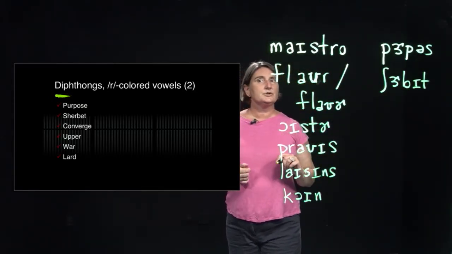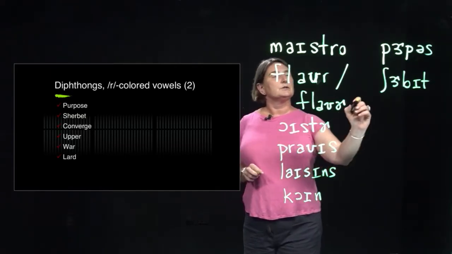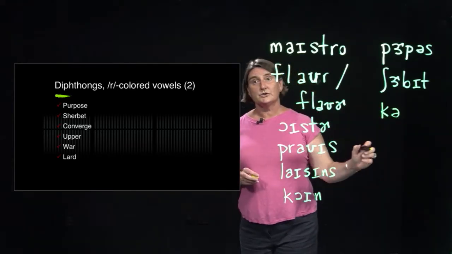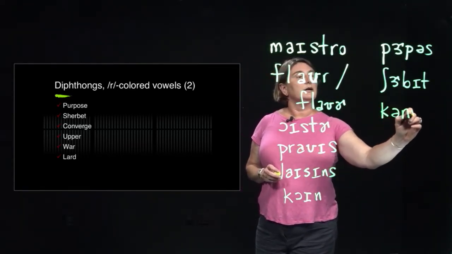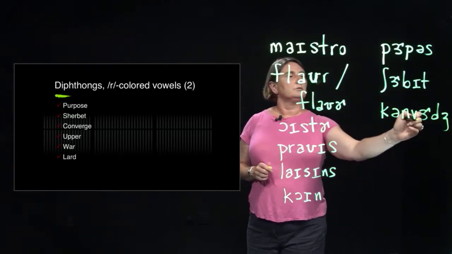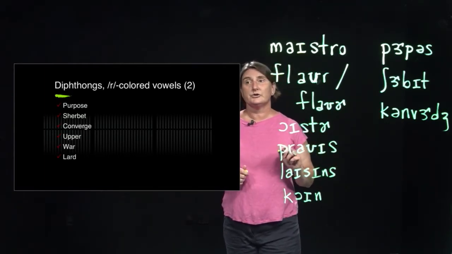Converge, so that's an interesting one. It's not converge, it's converge. So the first syllable uses a schwa, it's unstressed, and then verge, with the bird vowel there, converge.